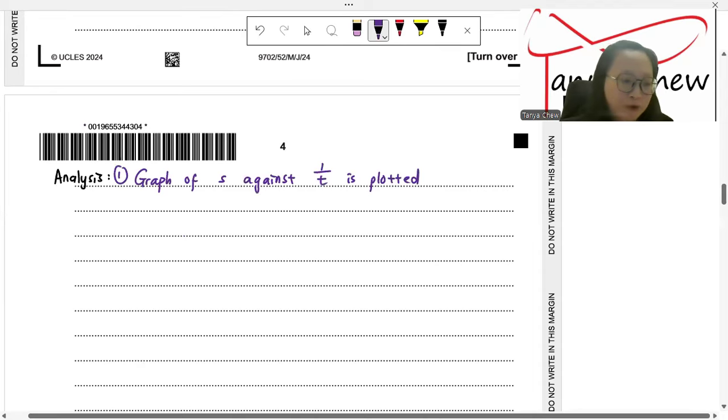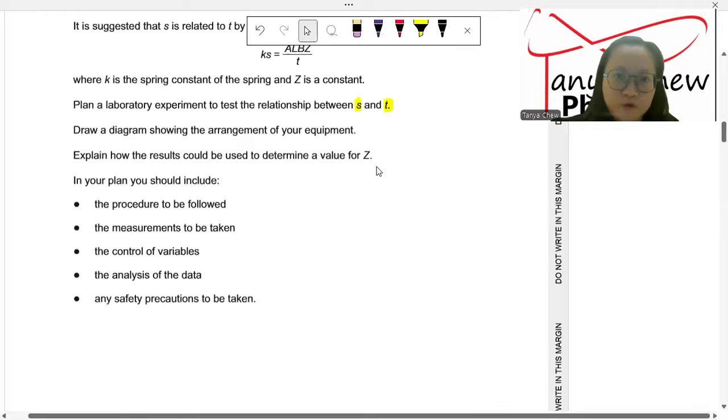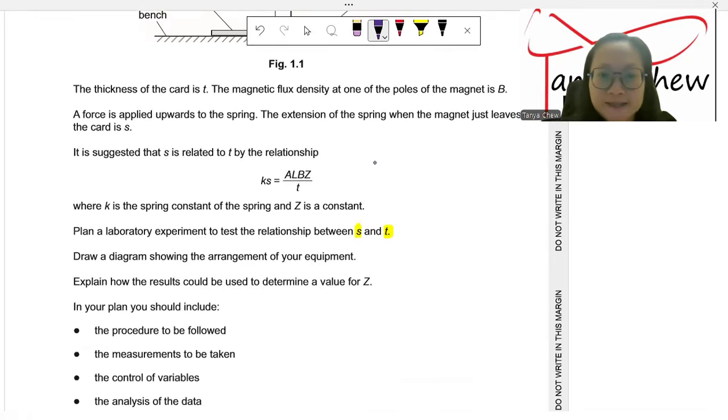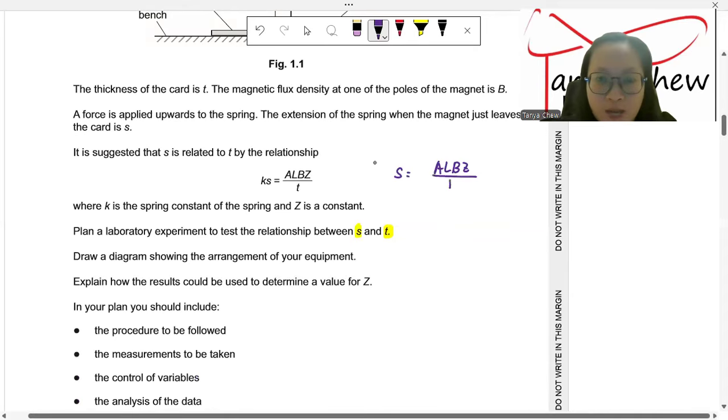So I actually modified the equation. You should remember this one. I put S as the subject, so I have S equal to ALBZ over K times 1 over T. Could you see that? And you compare with the straight line graph, y-axis and x-axis. You have only the gradient. You do not have the y-intercept, right?